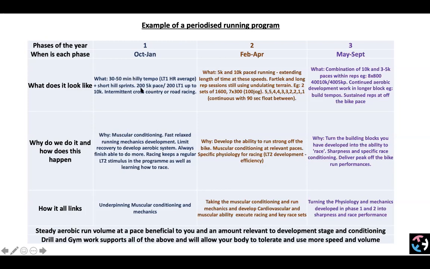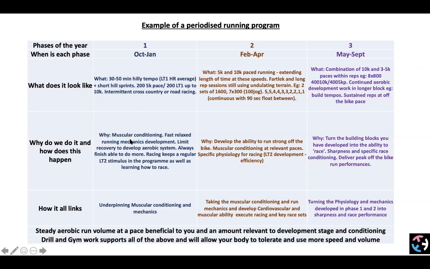Then we also do a track session that focuses mainly on mechanics. So we do quite short reps at 5K pace. It's nothing too taxing. It's not a really fast pace, but it's relatively quick. And that's mainly to develop fast, relaxed running and mechanical development.